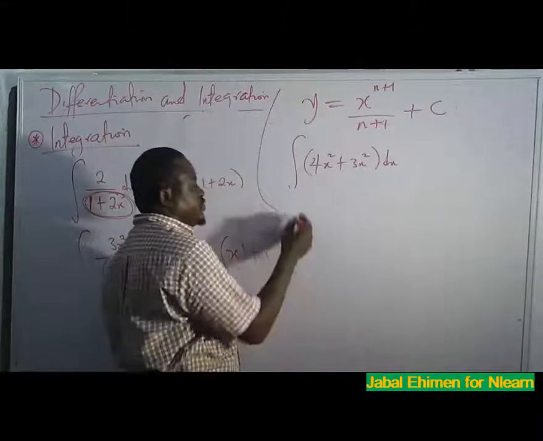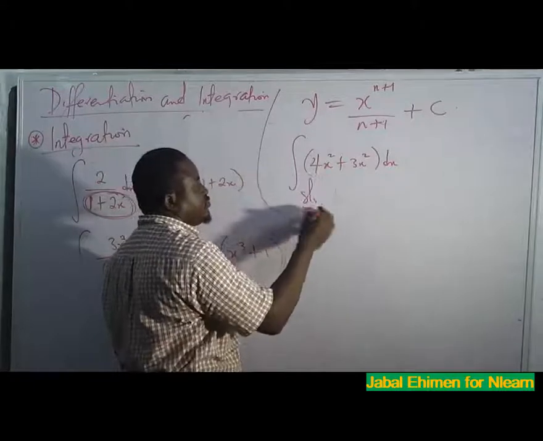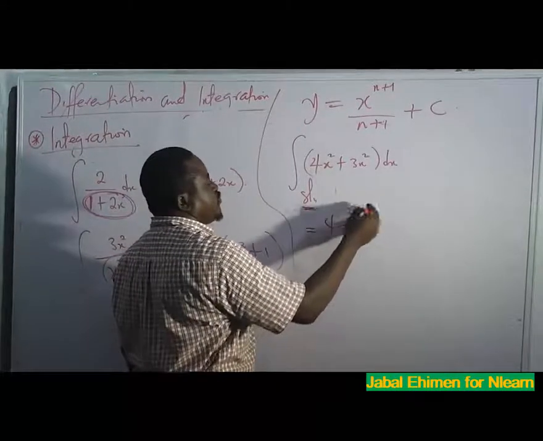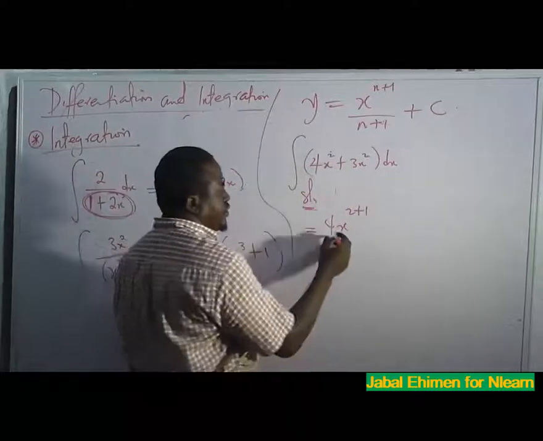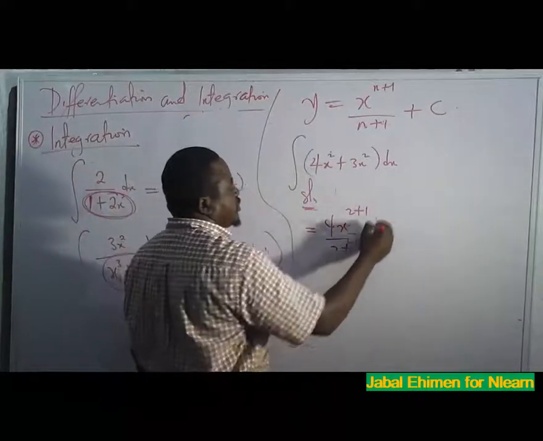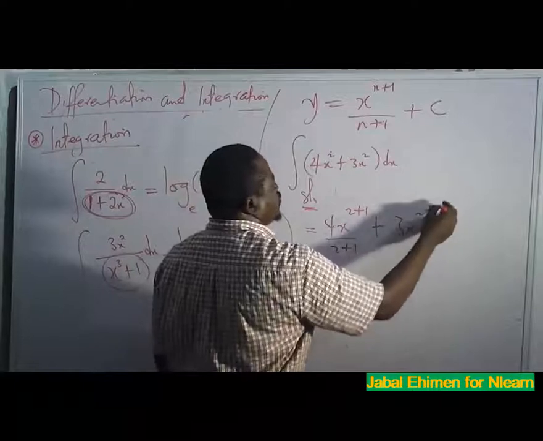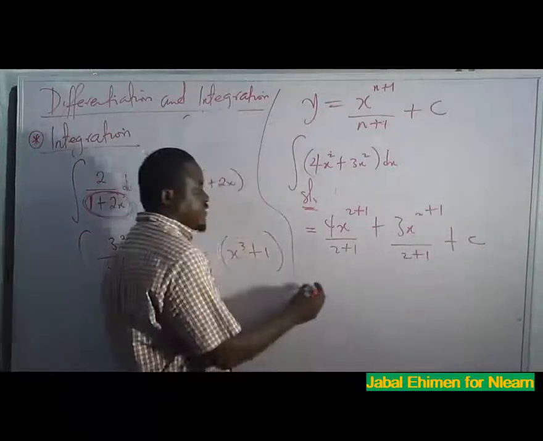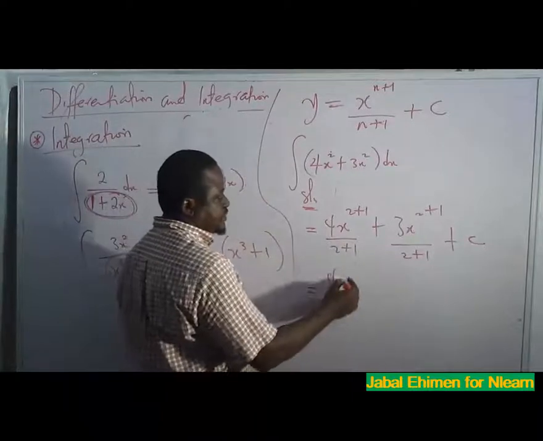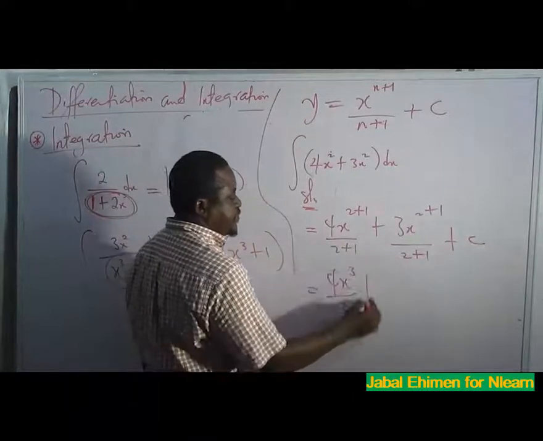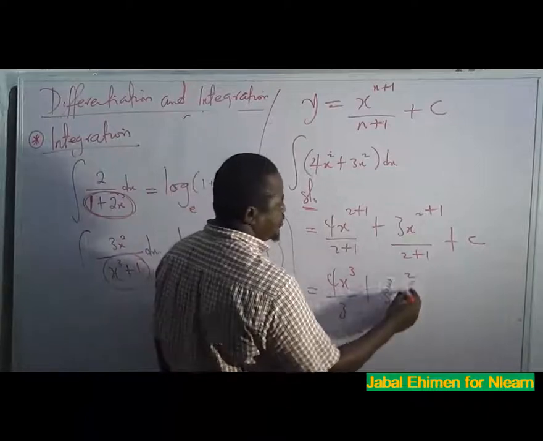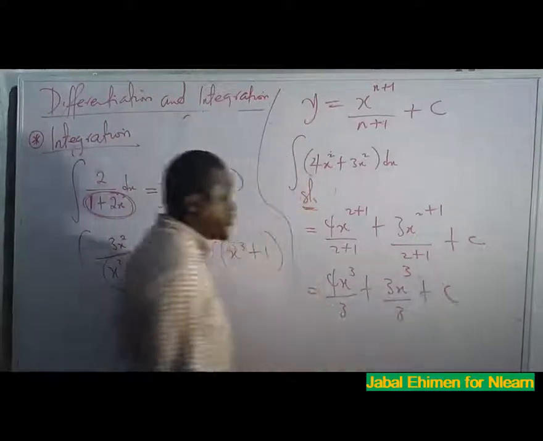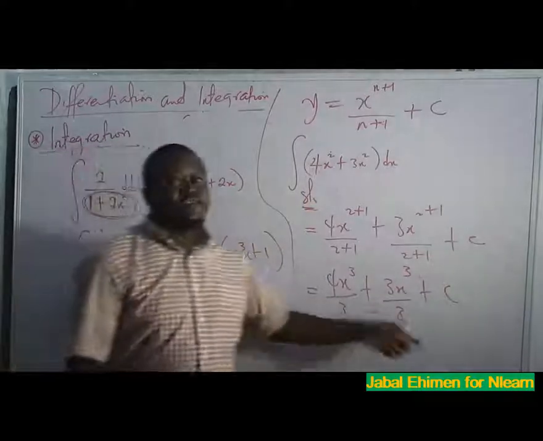The solution to that will be 4x^(2+1) divided by 2 plus 1, plus 3x^(2+1) divided by 2 plus 1, plus c. That ends up becoming 4x raised to the power 3 over 3 plus 3x raised to the power 3 over 3 plus c. So you have this as your value.